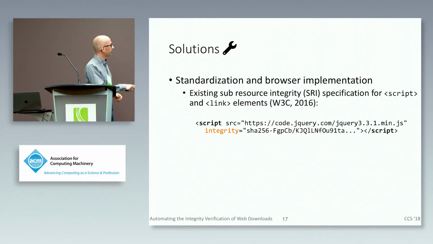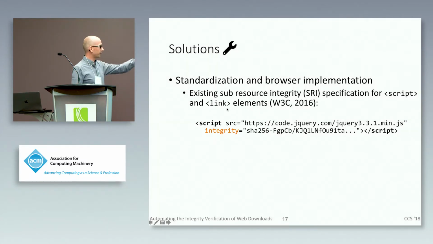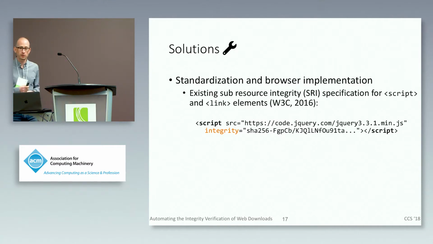With SRI, you can specify a checksum, which means that if the user agent detects a mismatch between the declared integrity field and the actual checksum of the downloaded script file, then the file is just not loaded.